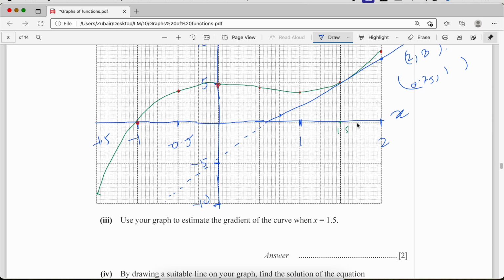So gradient is y2 minus y1 over x2 minus x1. 7 by 1.25, or you may use a calculator directly. So 7 divided by 1.25 is 5.6.